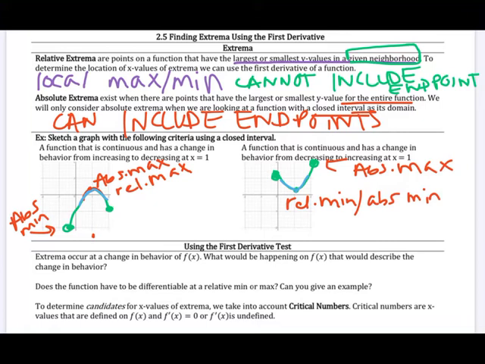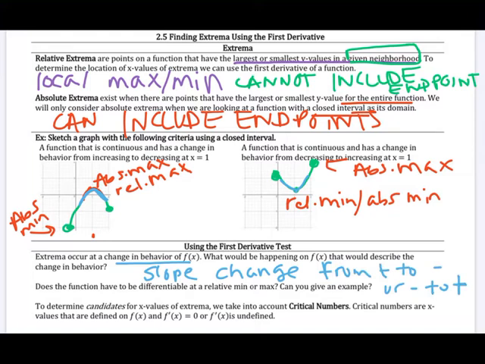So extrema occur at a change in behavior of the function. What would be happening on f of x that would describe this change in behavior? Think about what's happening. It's getting bigger and bigger and bigger, and then it's getting smaller and smaller and smaller. What is changing? That is the slope. The slope is changing from positive to negative or the other way around.